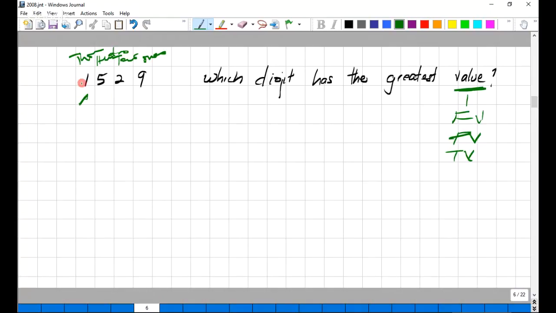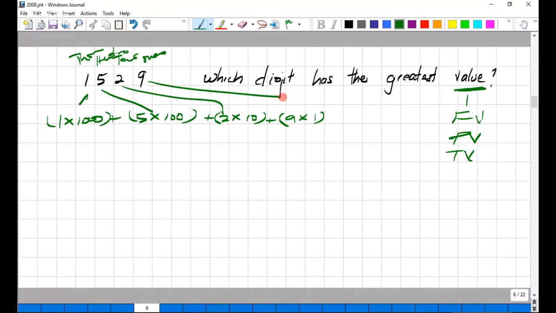All right. So 1 would be 1 multiplied by 1,000, 5 would be multiplied by 100, the 2 would be 2 multiplied by 10, and 9 would be 9 multiplied by 1. So we want to know the value of the 1.